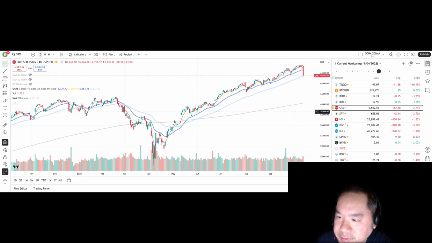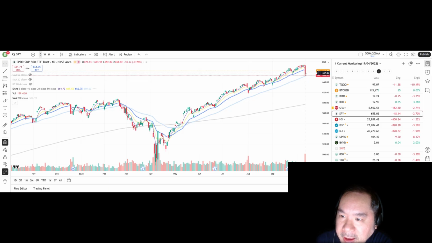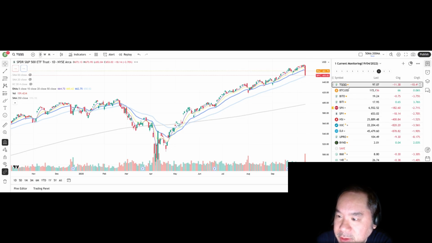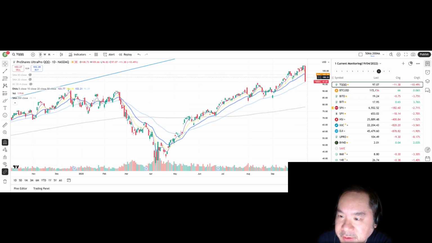And today it's going to gap up about 5%, which is like half of the drop. TQQQ will rise about 5%. So TQQQ is the Nasdaq 100 three times leverage ETF.